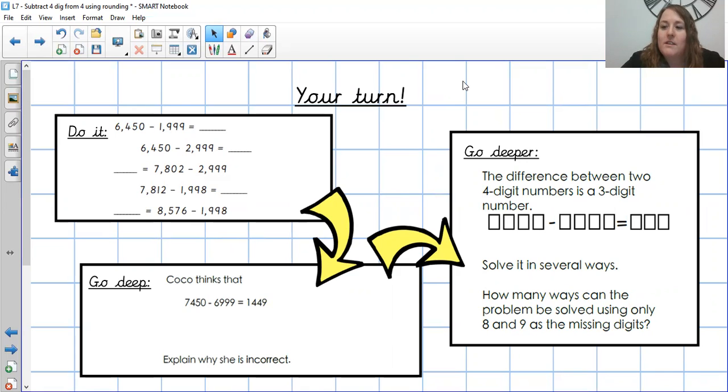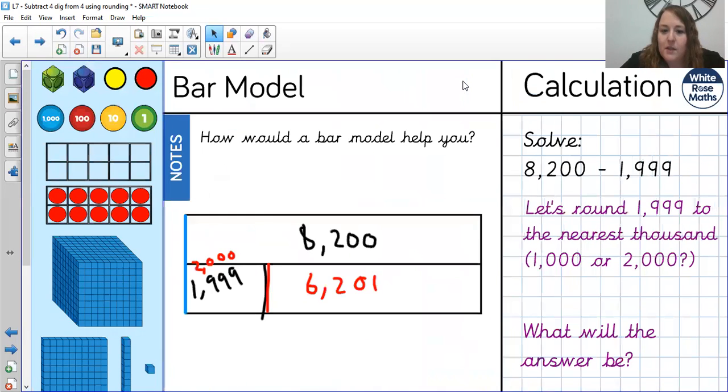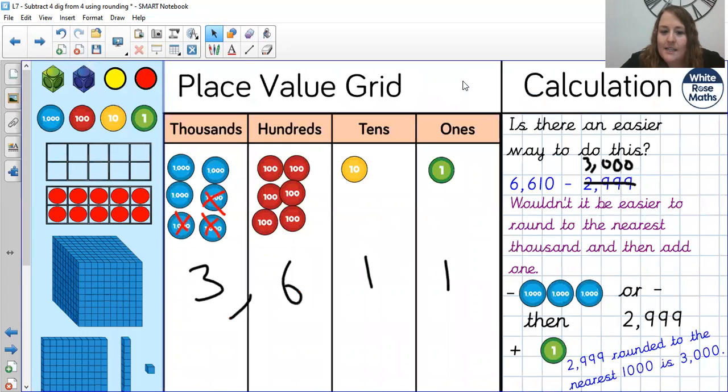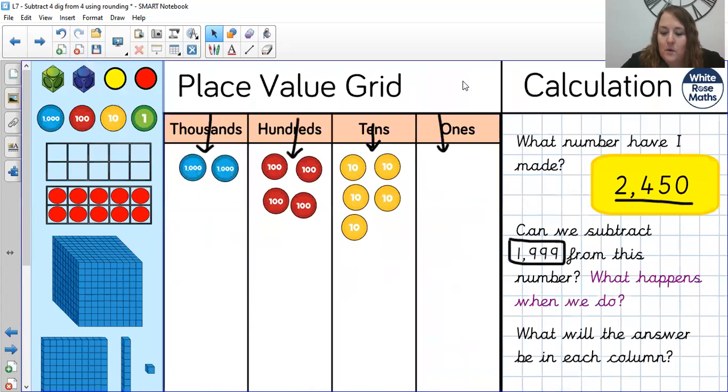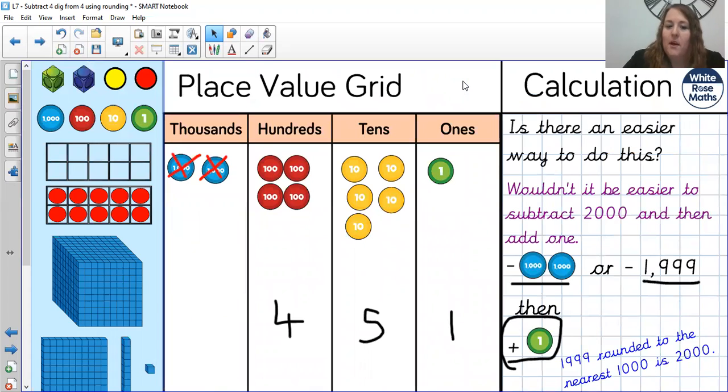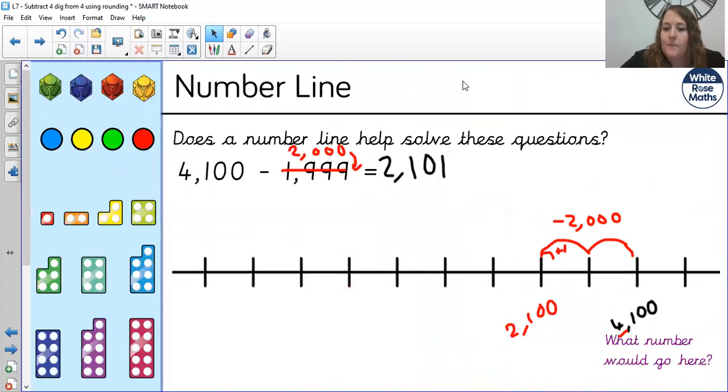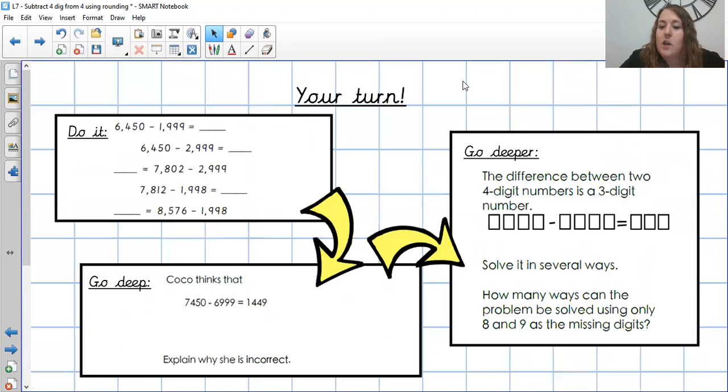So think about the ones that we've already worked on through the lesson, where it ends up like that example there, it ended up a 3-digit number. Okay, it then says solve it in several ways. And then how many ways can the problem be solved using only 8 and 9 as the missing digits? Good luck with those.